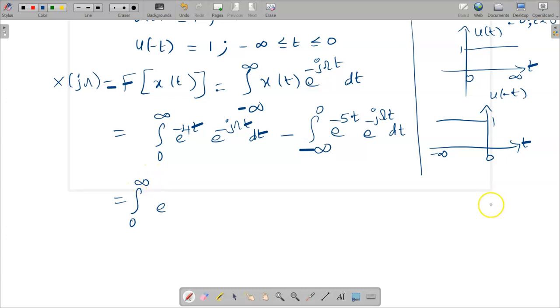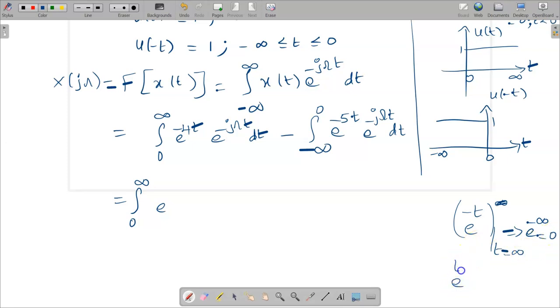Whenever I have e power minus t, if I substitute infinite at t, it becomes e power minus infinite, which will be 0. So whenever in the limit you have infinite, I have to make your term e power minus t. Only then it will be easy for me to substitute t equal to infinite, which will become 0.